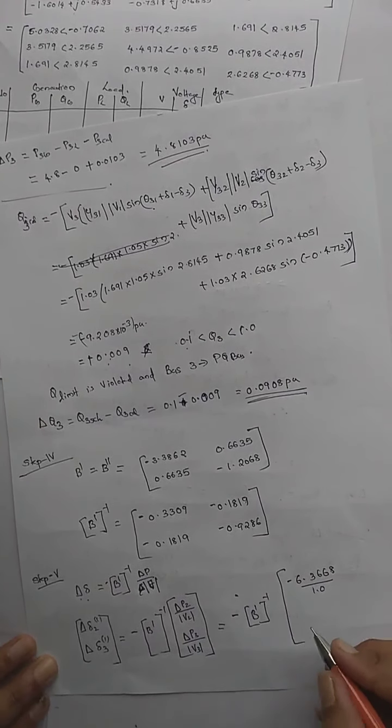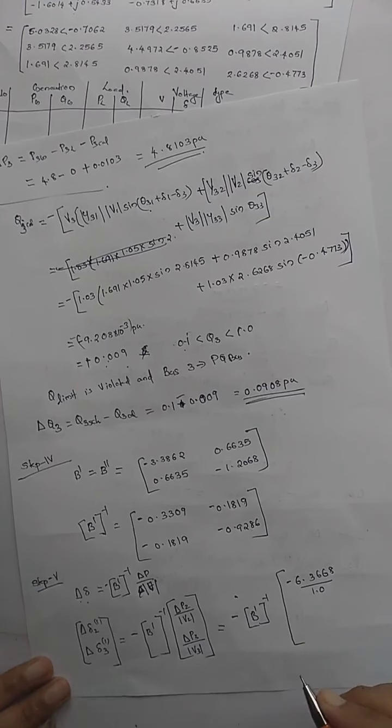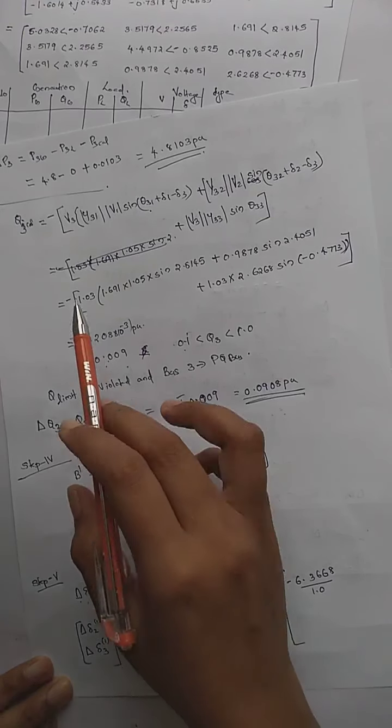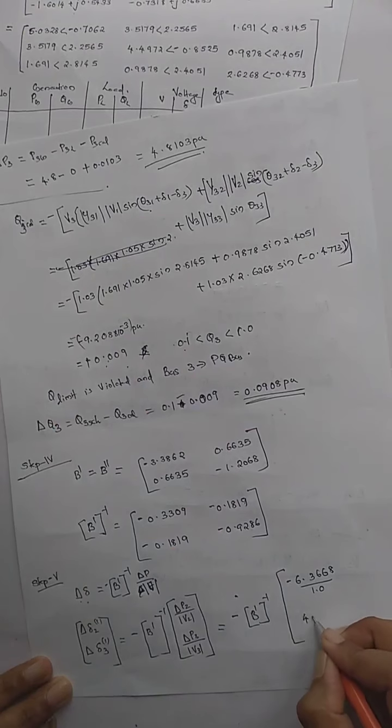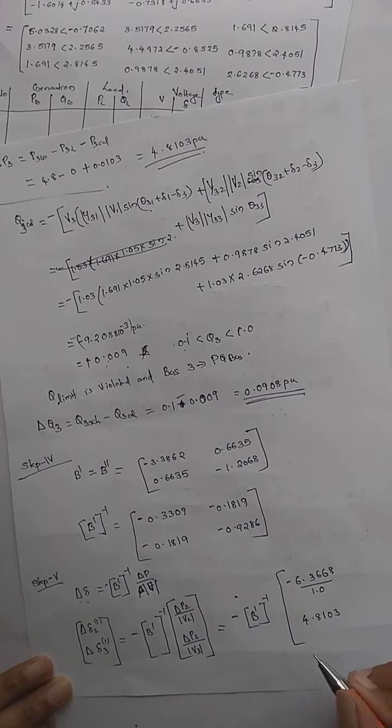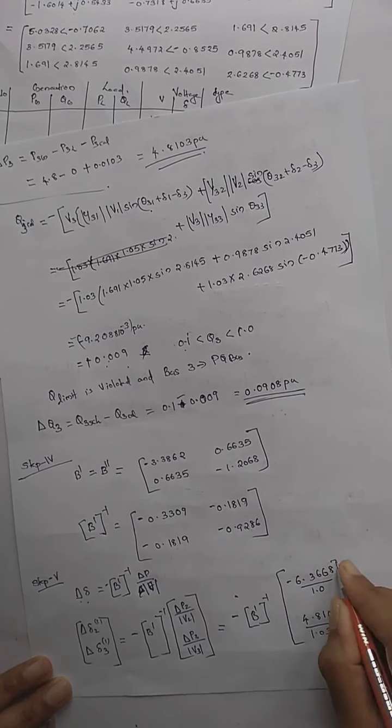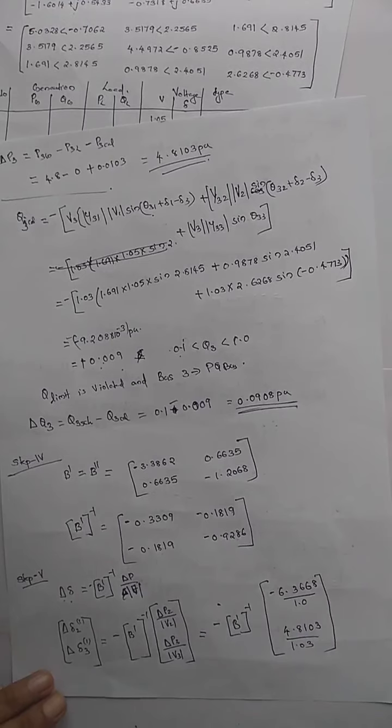And what is the delta P3 value? The delta P3 value we have found out is 4.8103 divided by 1.03. So this is the matrix I am going to get.